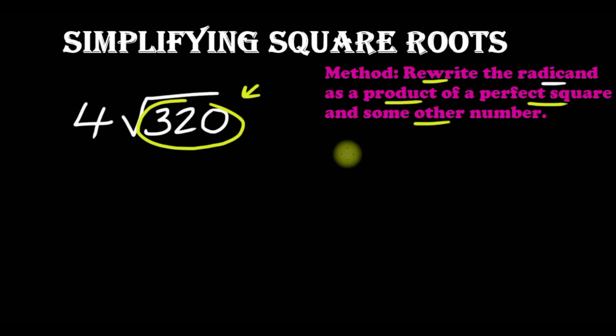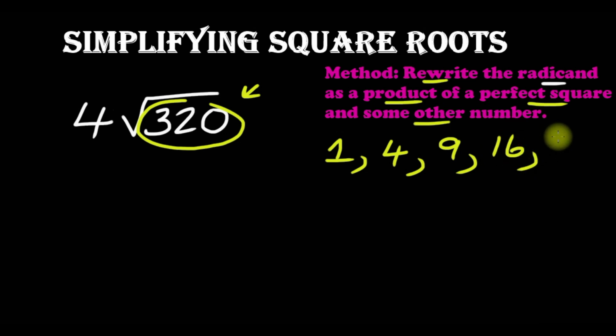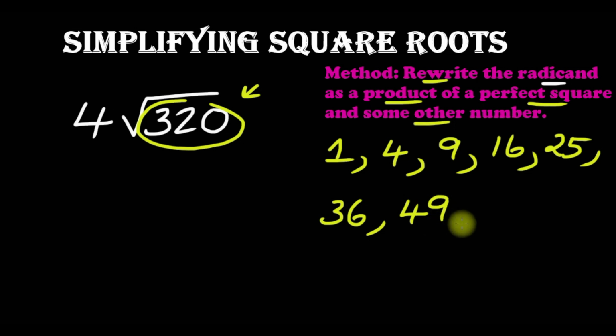So here your perfect squares are 1, the square root of 1 is 1, the square root of 4 is 2, the square root of 9 is 3, the square root of 16 is 4, the square root of 25 is 5, the square root of 36 is 6, the square root of 49 is 7, the square root of 64 is 8, and so on.